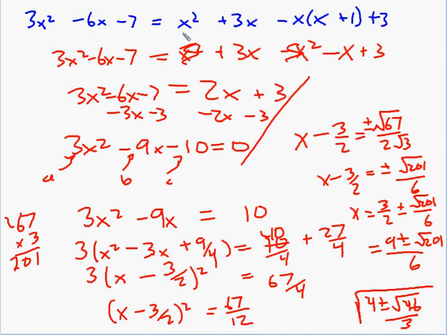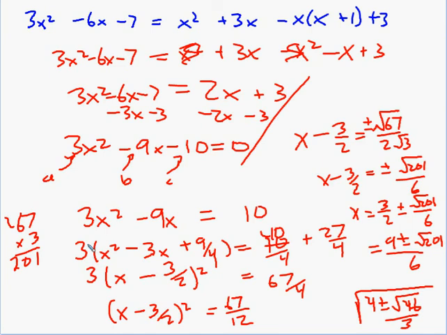So combined like terms, distributed. So those went away. And then got everything to one side. Yes. And then that looks fine. 3x squared minus 9x. Added the 10.